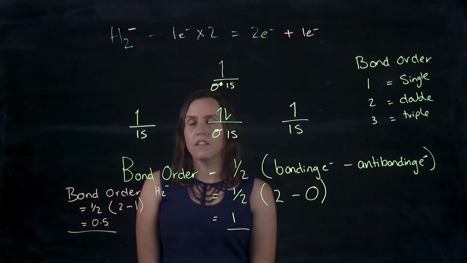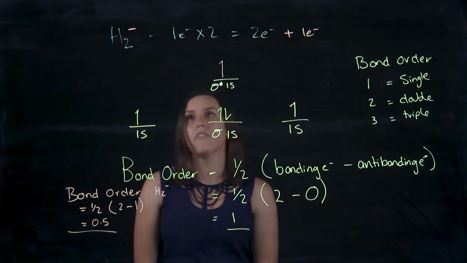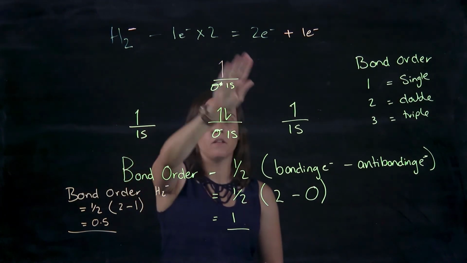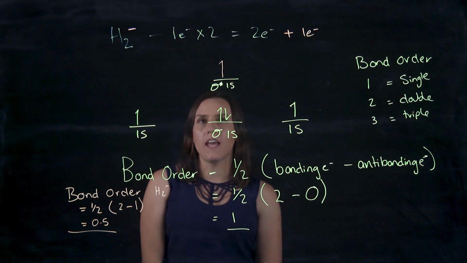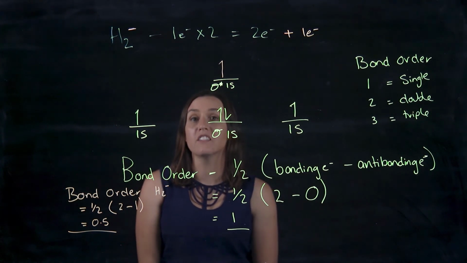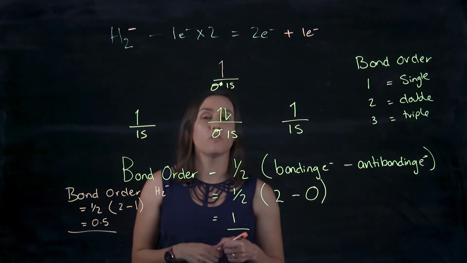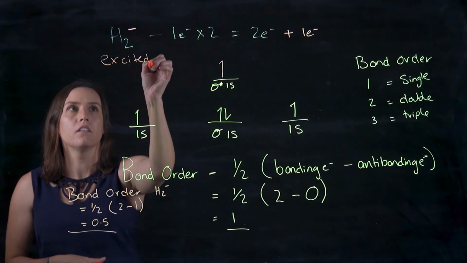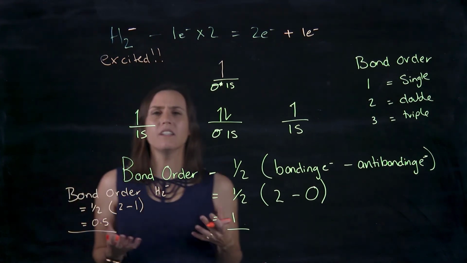Let's have a look at this a little bit further. If I have H2 minus, this is my molecular orbital diagram. Now, if I have one of those electrons becoming excited, so we've got an excited one now, what happens in an excited state?